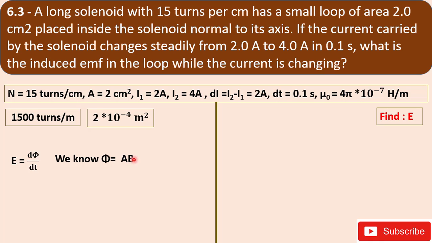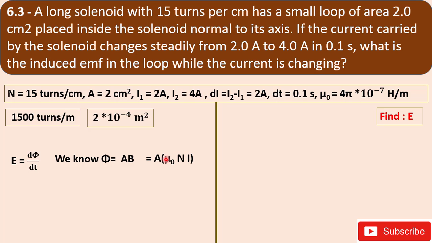First is mu 0, permeability of free space, then the number of turns of the coil, and the current flowing in the coil. On these three parameters the value of magnetic field depends. So I can put mu 0 into n into I in place of B. So ultimately flux phi is equal to A in bracket mu 0 n into I होगा.